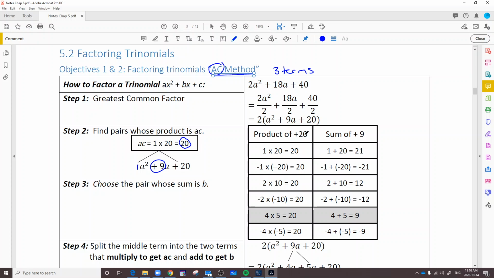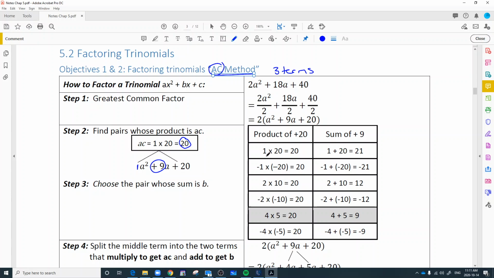So here we go. Numbers that have a product of positive 20 are positive 1 and positive 20, negative 1 and negative 20, positive 2 and positive 10, negative 2 and negative 10, positive 4 and positive 5, and negative 4 and negative 5. So these are all the potential numbers that multiply to give you 20. But you're trying to find the ones that have a sum of 9.